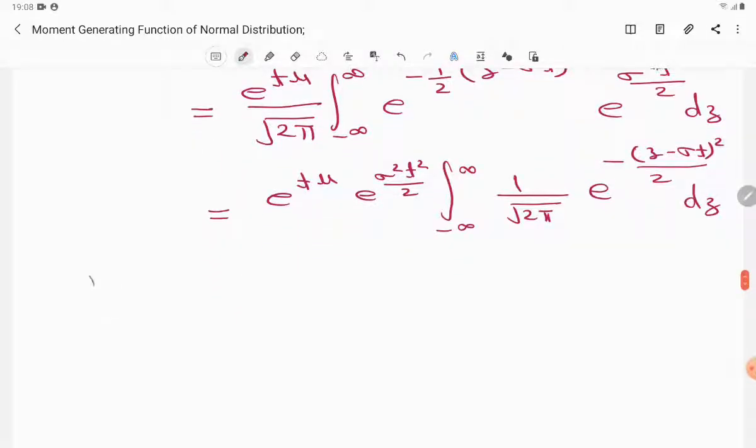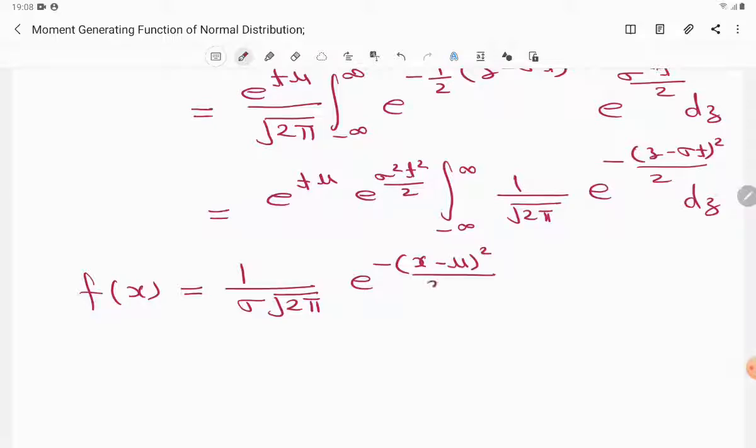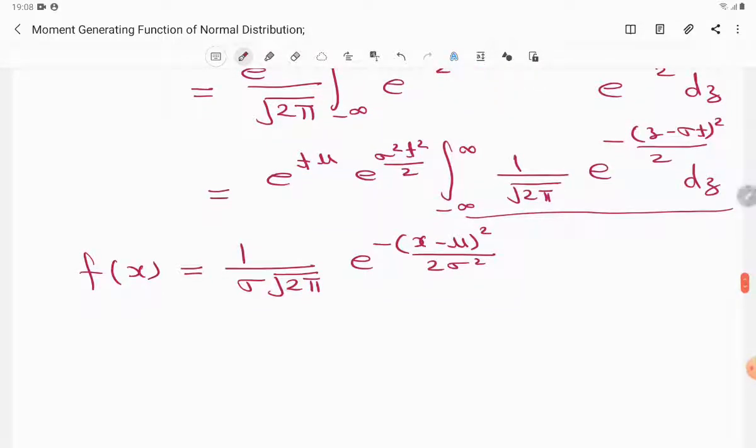Now, if you remember, I had written this earlier also. f(x) for the normal distribution is 1 by σ root 2π, and then e^(-(x - μ)²/(2σ²)). Now compare this f(x) with the function inside this integration. It is now a variable of z, but that is immaterial because anyway I am integrating with respect to z.